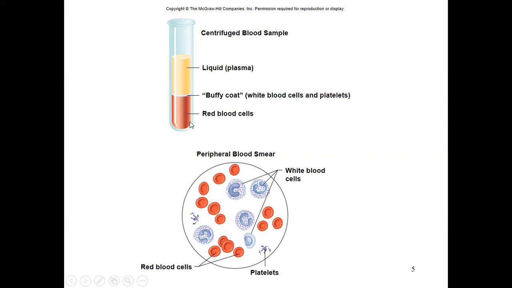The red blood cells are going to be found closer to the bottom because they are the heaviest or most dense of the 3 different parts of blood. So that is where the red blood cells are going to be held. And like I said, this is fresh whole blood that has been centrifuged to be separated by weight.